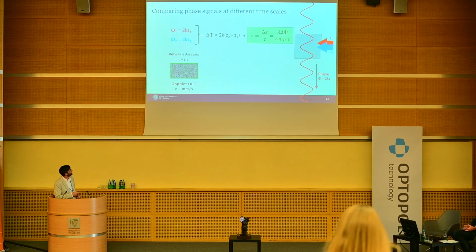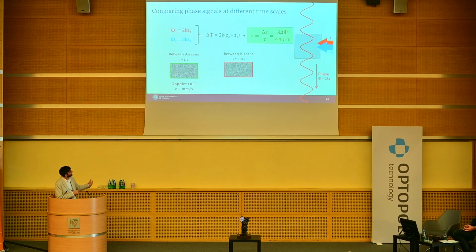If we compute these phase differences at a slightly different time scale, at a longer time scale, so we take a time scale on the order of milliseconds, that's the time it takes typically to acquire an OCT image. That means we compute another phase difference between the same position, but from one OCT frame acquisition to the next frame. Yeah, compute the phase difference between these 2 images because the parameter tau between the 2 acquisitions is now longer.